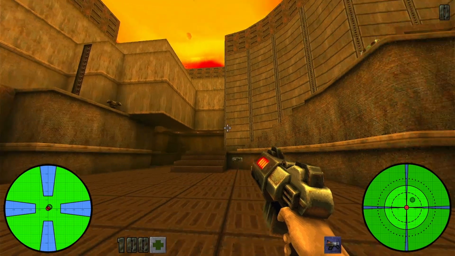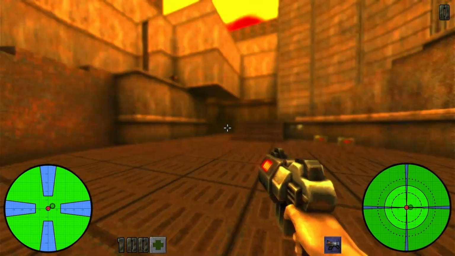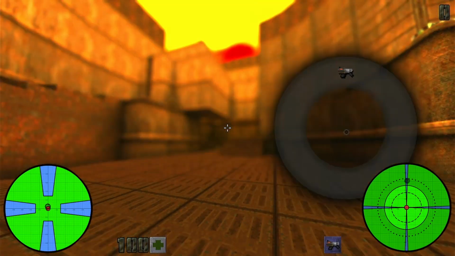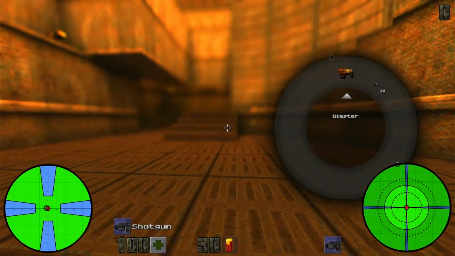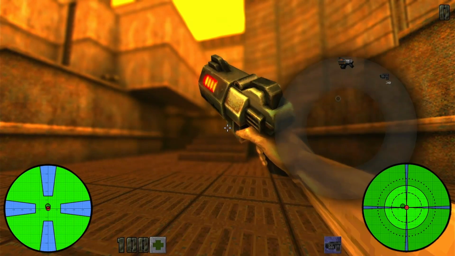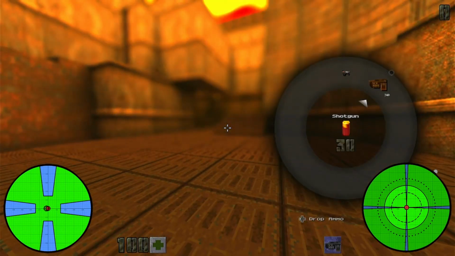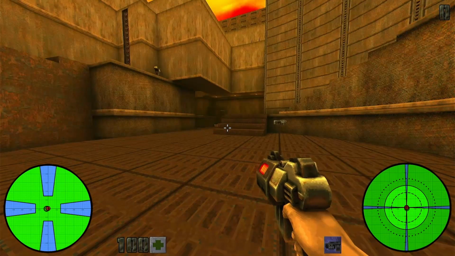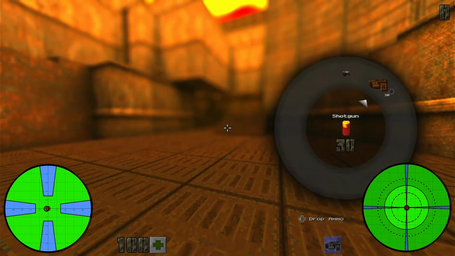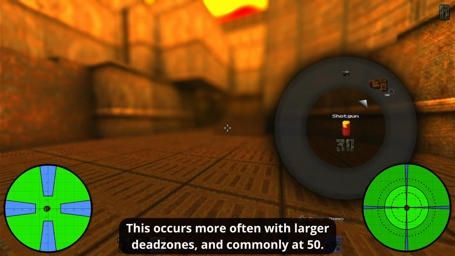Unfortunately, there are two other issues that were added with this change. So the first one is, if I have a shotgun here, so I have the blaster equipped, and you can see if I want to pick the shotgun, but I center it, I don't actually select the shotgun. And actually that is interesting because I've released the stick, but it fell within the dead zone, and I think that the cursor position isn't updated if it falls within the dead zone.